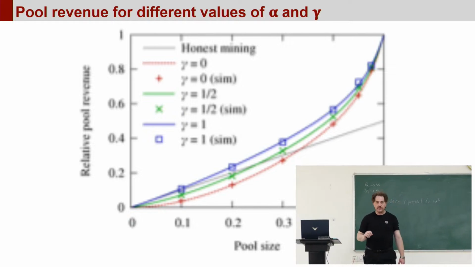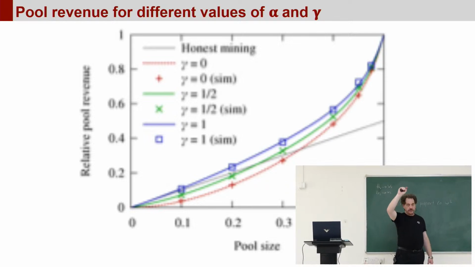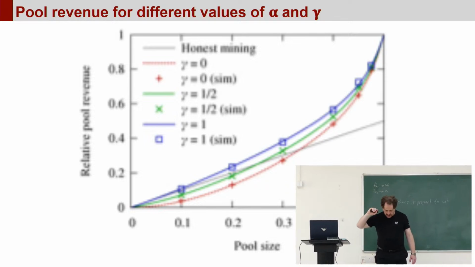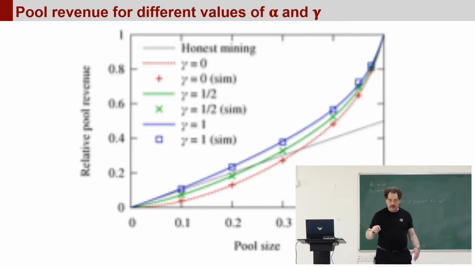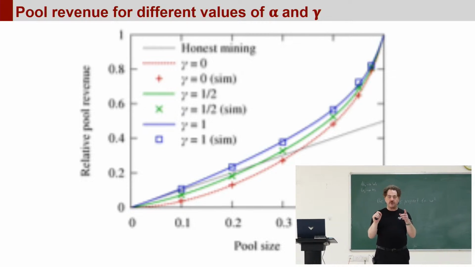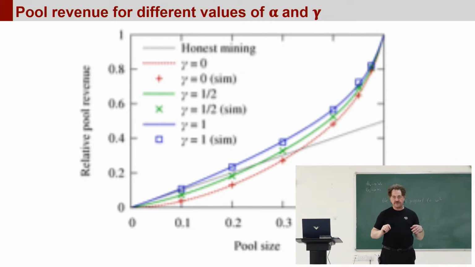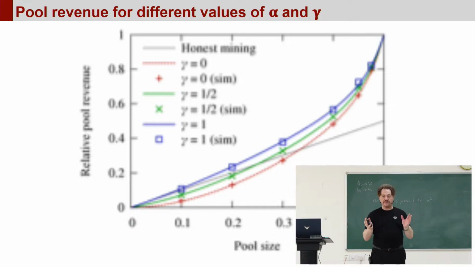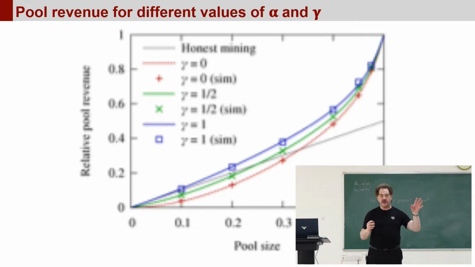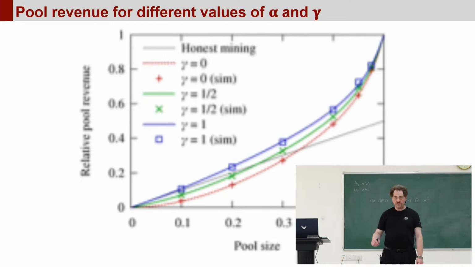Gamma equal to 1 means that the honest miners found the block, and then the selfish miner immediately releases the previously found block. So now we have the branching. And gamma equal to 1 means that everyone adopts the branch from the selfish miner. No one adopts the previously published branch from the honest miners. Of course, this is unrealistic. This is an extreme case.